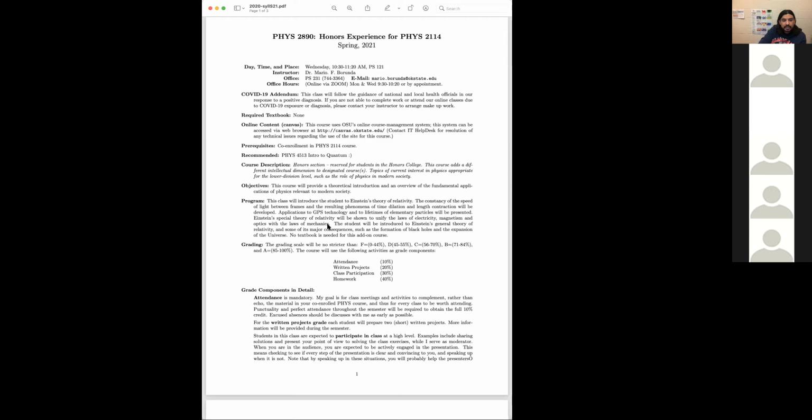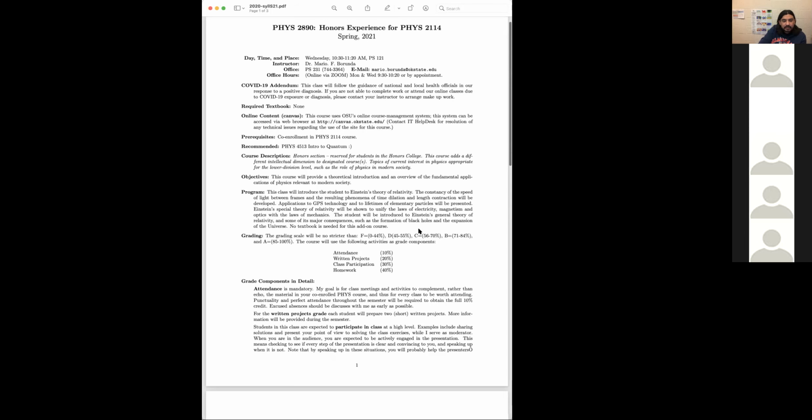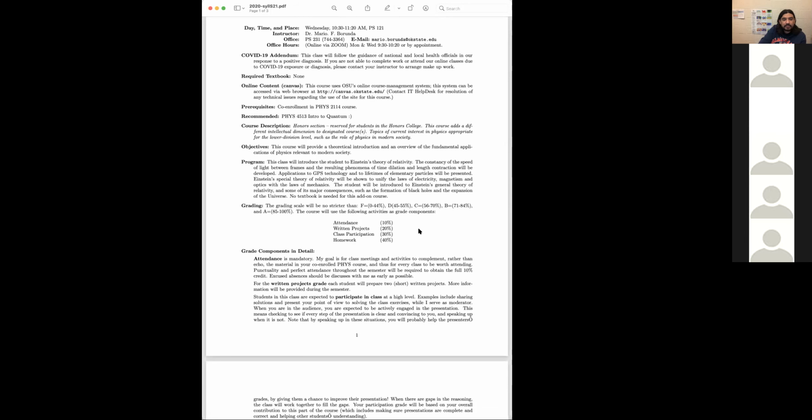So this is one of the major accomplishments that Einstein did. And we're also going to touch upon the general theory of relativity. So I don't know if you guys know the difference between the special theory and the general theory. Anybody? No? So the special theory is what Einstein came up with in 1905.